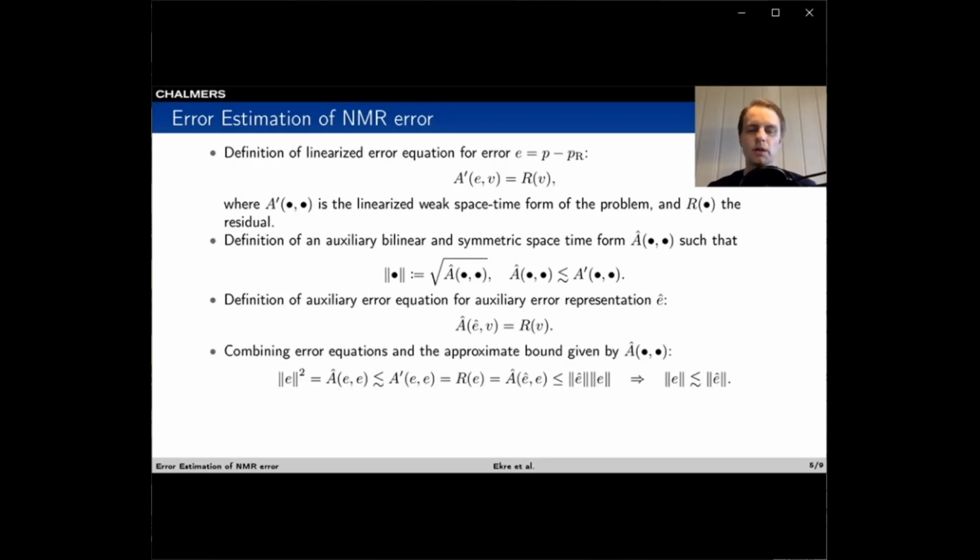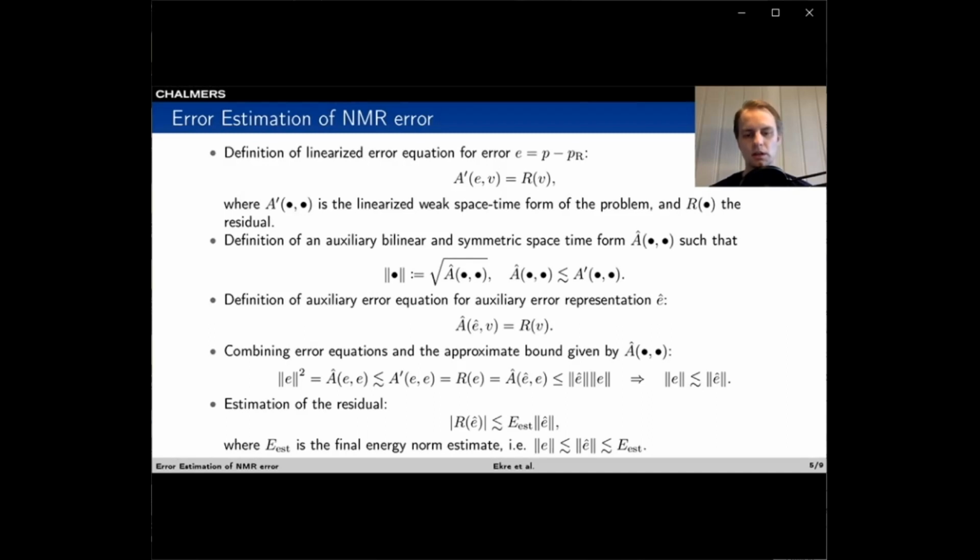We can now combine the error equations, and the result from this is that the norm of the auxiliary error is an approximate upper bound of the true error. And in the last step, we find an estimate for the residual, and at the bottom here you can see the final result, where we have our residual estimate EST, which is an approximate upper bound on the norm of the auxiliary error, which in turn is an approximate upper bound on the true error.